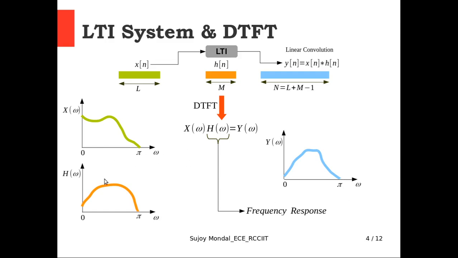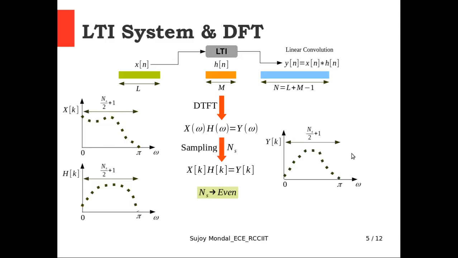The problem is that we can't store these signals in computers, so the process is to sample. If we sample the left hand side and also the right hand side, the individual spectra are sampled at some finite number of sample points, which are shown in the dotted lines, at the same interval.